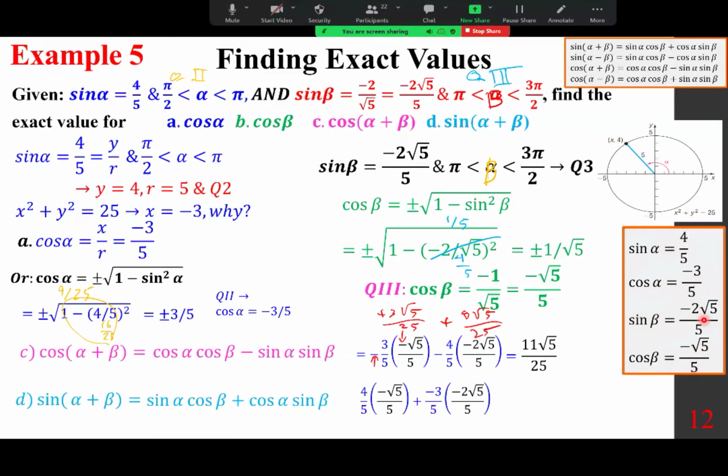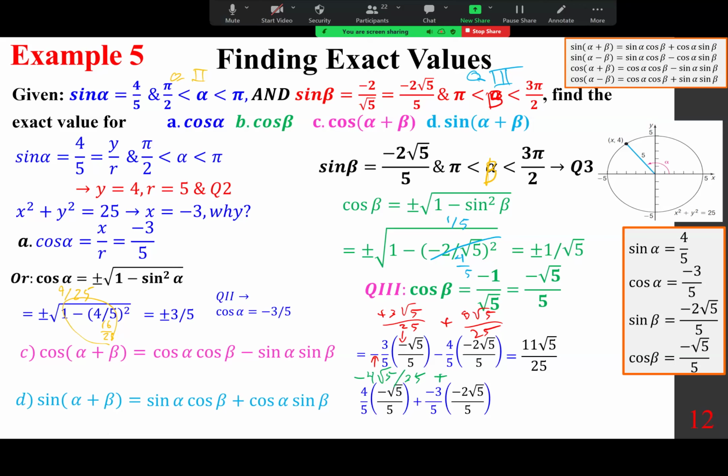So this one gives us negative 4 square root of 5 over 25.